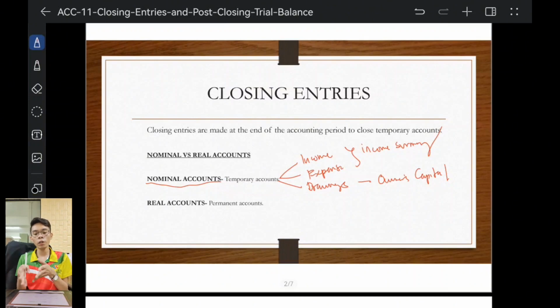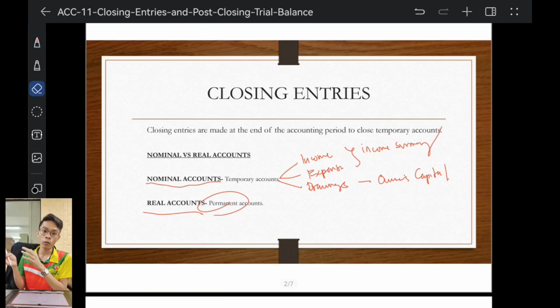Later on, we are going to close these accounts, and later I will be showing you how we record the closing entries. The next thing that we have here is the real accounts. When we say real accounts, class, these are permanent accounts. When we say permanent account, the balances that we have in the current period will be carried over to the next accounting period.